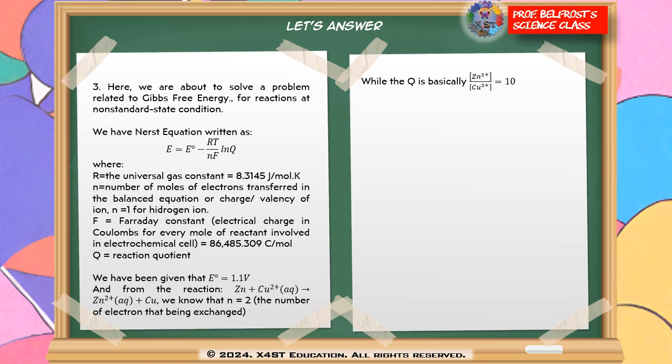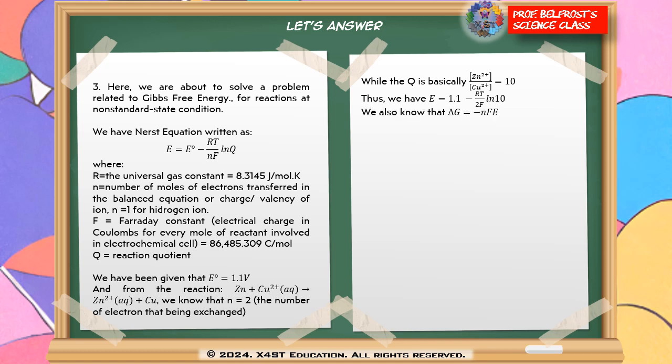And we also know the quotient is basically just the concentration of the zinc over the copper, and it has been given in the problem that it equals 10. Thus, we can write the equation as E equals 1.1 minus RT over 2F times ln 10.